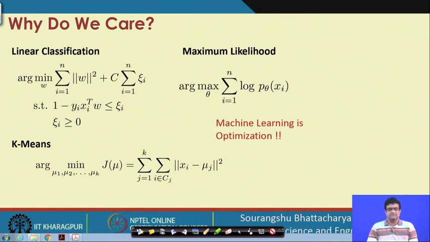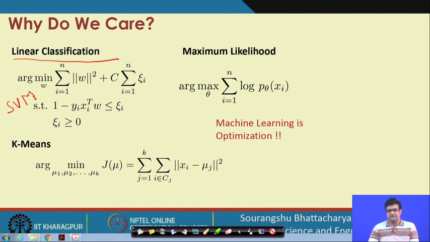So, the question comes, why in this course do we need to discuss optimization? The answer is that many of the machine learning problems involve some form of optimization or the other. For example, if we take the problem of linear classification, then it can be solved using an optimization problem like this. This formulation of linear classification is sometimes called support vector machines.